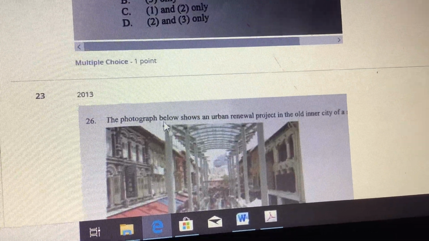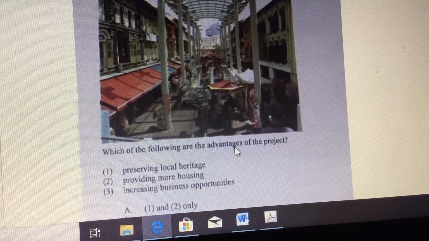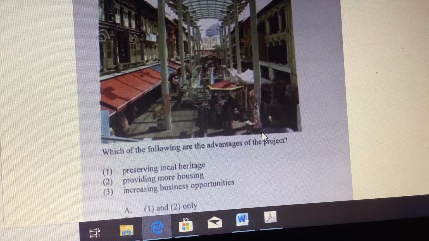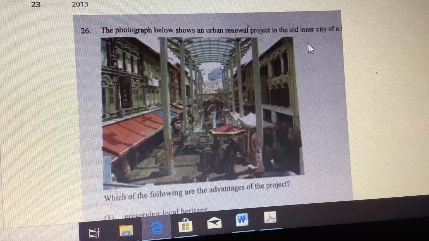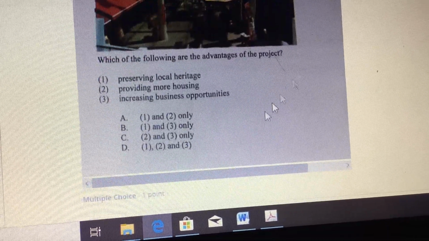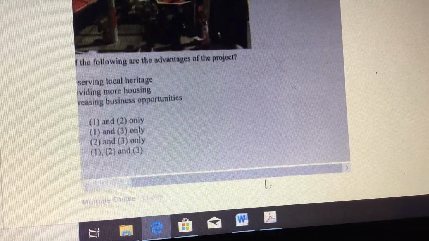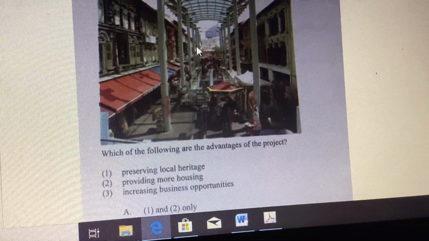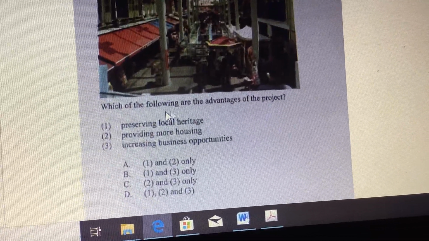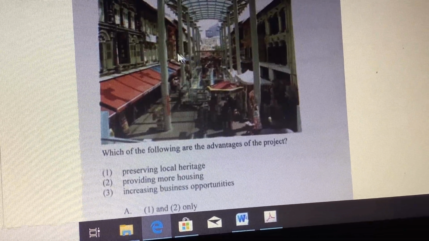Okay, next one. Which of the following are the advantages of this project? What is this? It's a renewal project of the old inner city in Malaysia, isn't it? A Southeast Asian country, and actually this is Malaysia, Kuala Lumpur. I have been to here. Okay, preserving the local heritage.